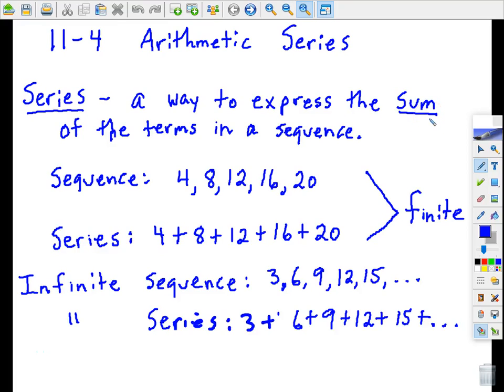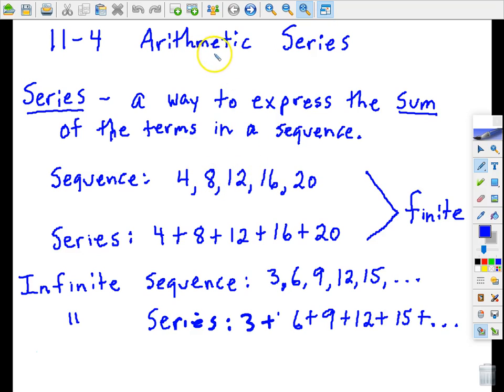In section 11.4, we've shifted our focus from arithmetic and geometric sequences to arithmetic series. This first slide is really just so that you can see the difference between what we call a sequence, which is merely a list of terms that follow a particular pattern.